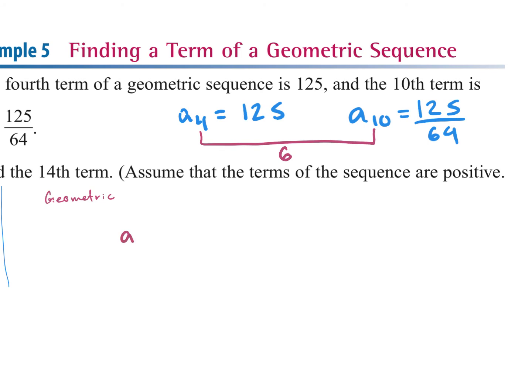That's equal to our a sub 4. And now since this is a geometric, what makes it a little bit different is we multiply our ratio to the exponent of how many steps we need, so 6.